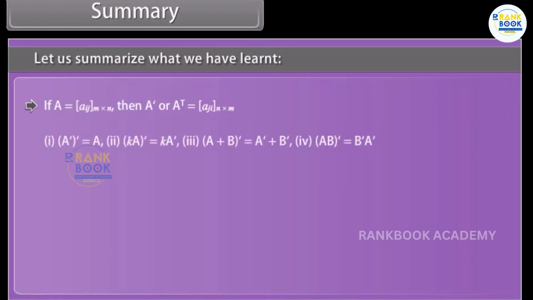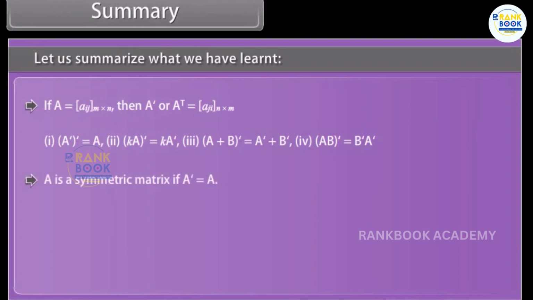Transpose of transpose of matrix A is equal to matrix A. Transpose of k into matrix A is equal to k into transpose of matrix A. Transpose of matrix A plus B is equal to transpose of matrix A plus transpose of matrix B. Transpose of matrix AB is equal to transpose of matrix B into transpose of matrix A.